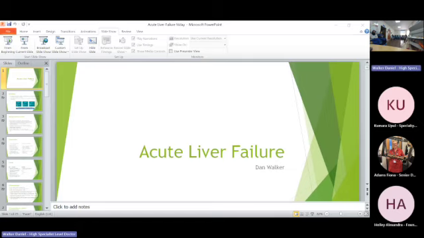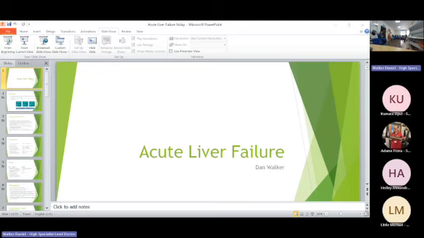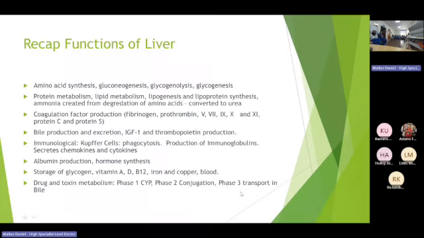Classically you can divide them into about 7 different functions, from metabolic to nutritional. There are actually up to 10 or 20 different subheadings you can classify into, but it is a primary exam question. So, extensive functions of the liver.